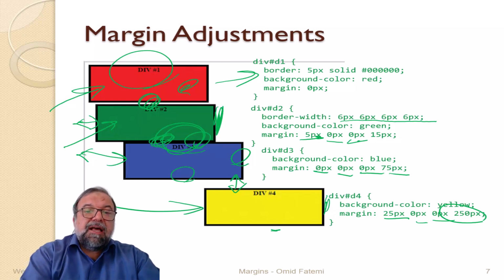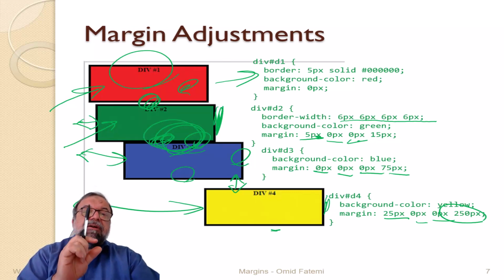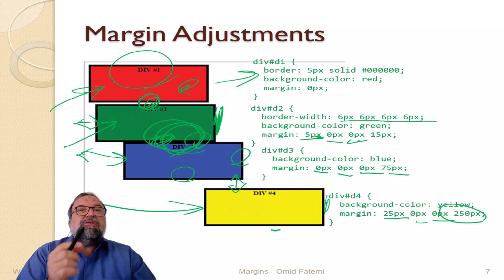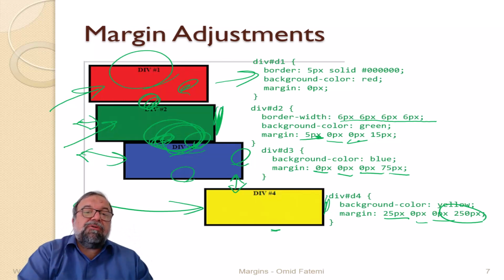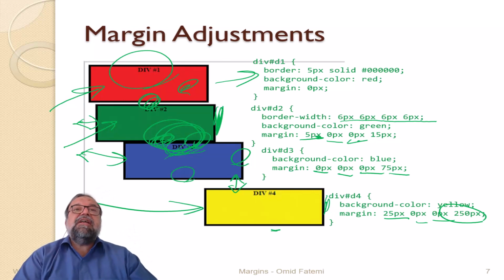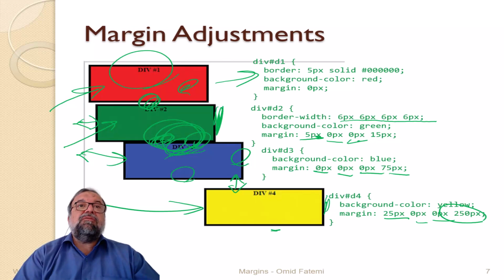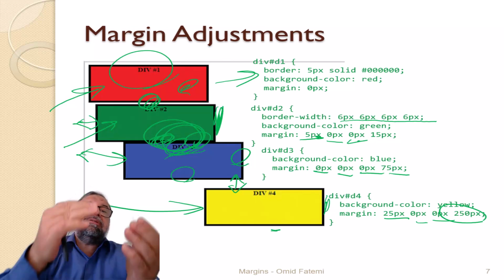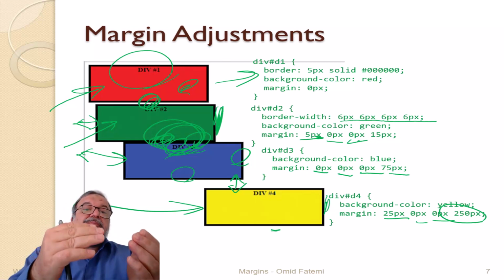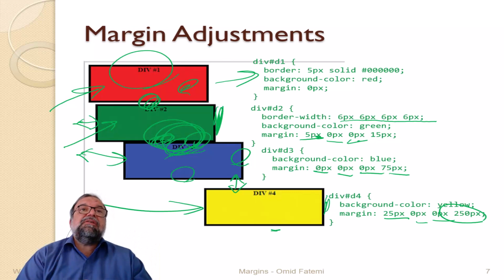Here, for example, we see a thicker border, which we didn't like. We wanted to have, for example, 6 pixels for the border, but here it seems that it is 12 pixels. Why? Because it is 6 pixels for the top box and 6 pixels for the bottom box.